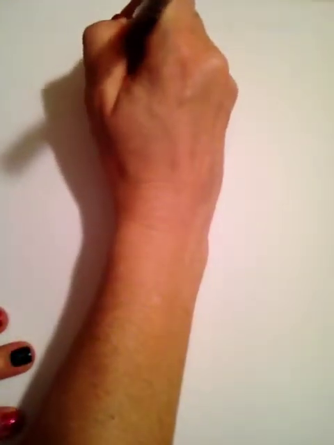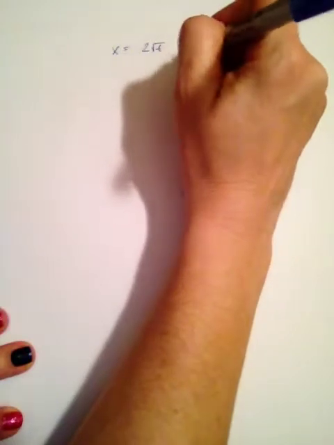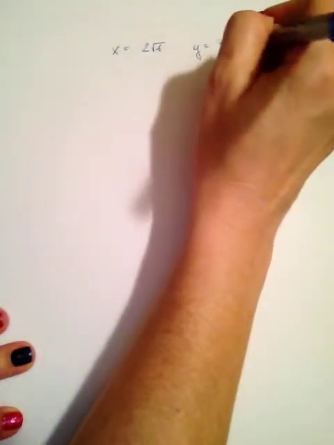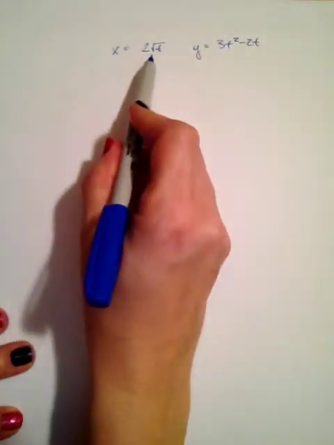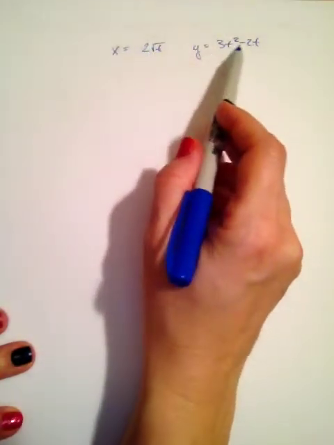We have x equals 2 times the square root of t and y equals 3t squared minus 2t. So this is the x position at any given time t. This is the y position at any given time t.